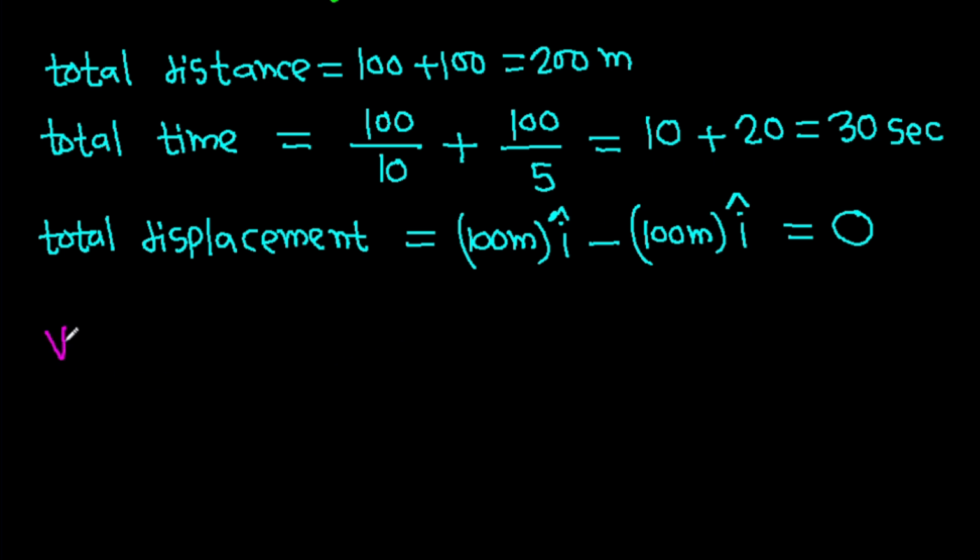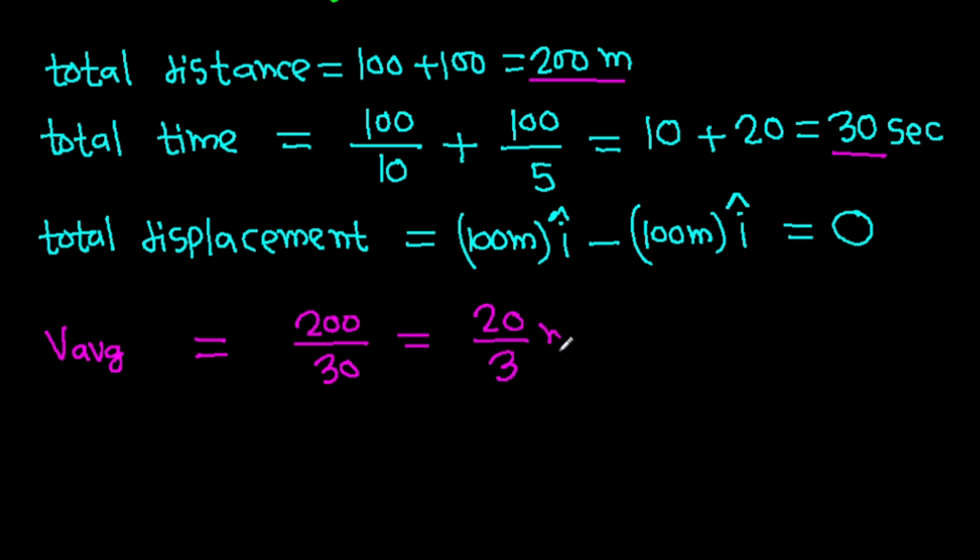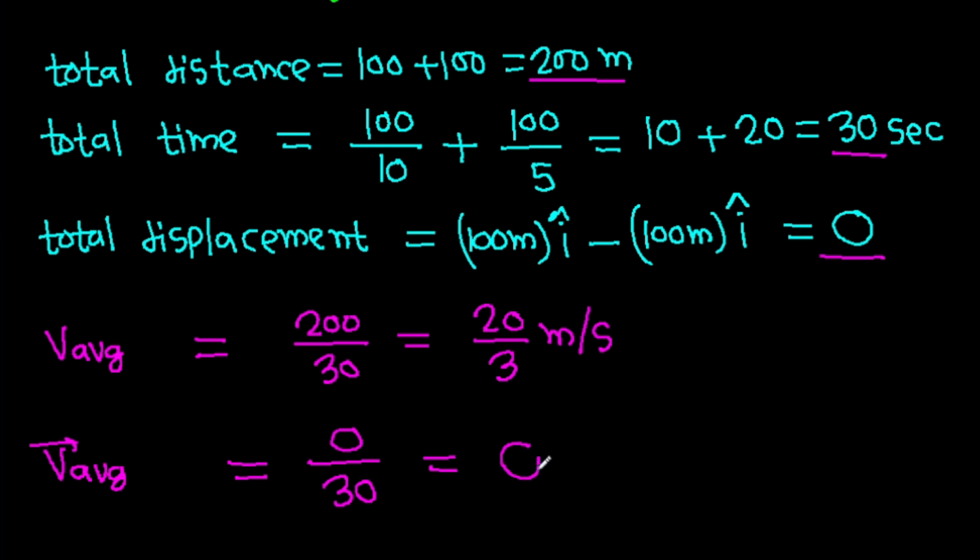So average speed will be distance 200 divided by time 30, that will be 20 divided by 3 meter per second, and average velocity will be displacement divided by time, that will be 0.